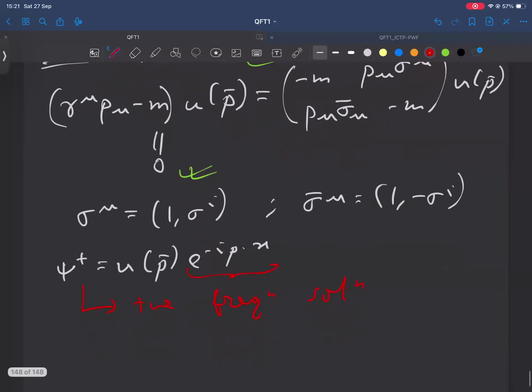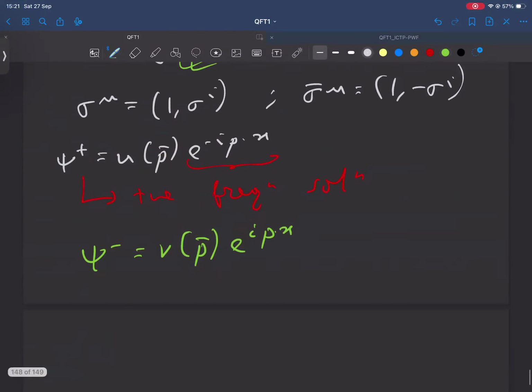To contrast them, there are negative frequency solutions, which come with the opposite plane wave basis, plus i p dot x.